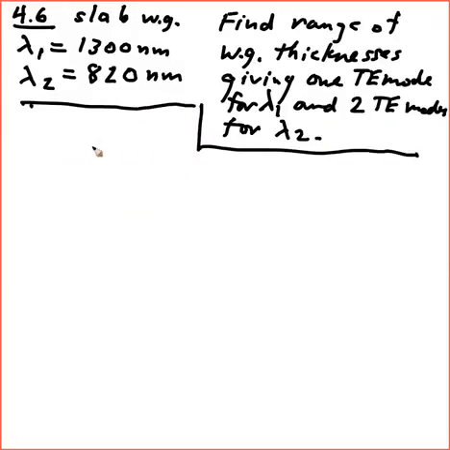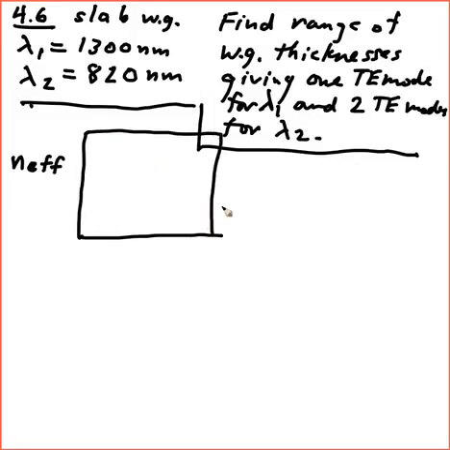And basically what we'll do is look at the cutoff condition. Let's make a quick sketch of the N effective versus d by lambda plot. So this is our mode plot.